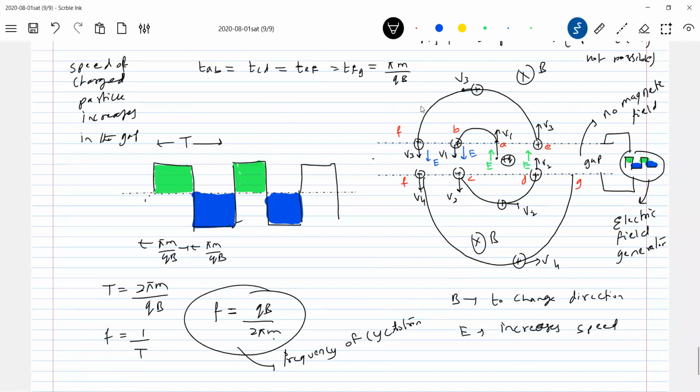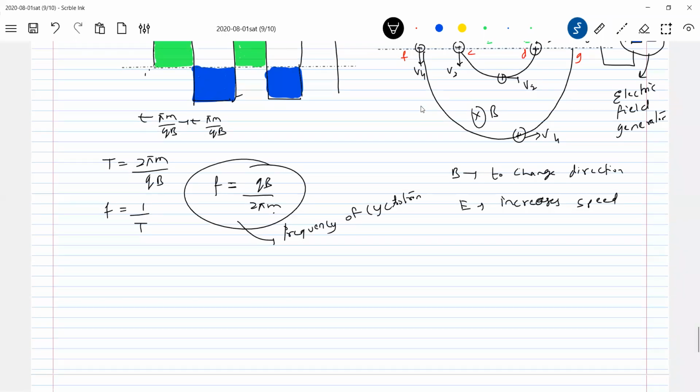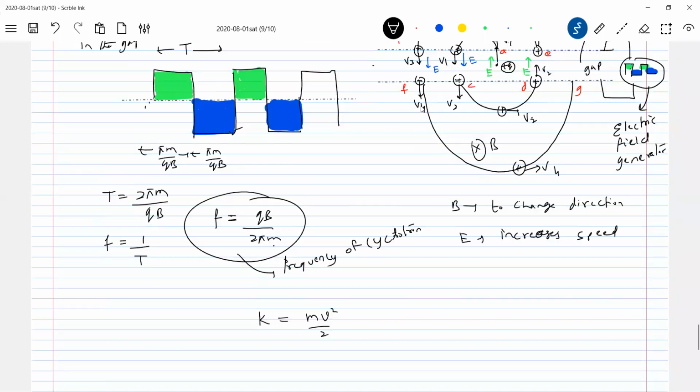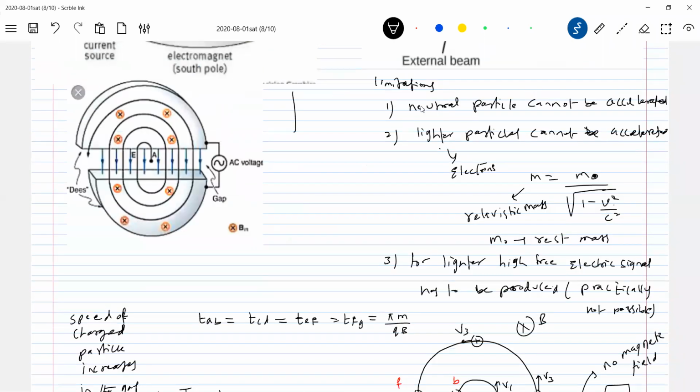Now what is the energy of the particle emerging out? What will be the expression for the kinetic energy of the particle? mv square by 2. So shall we bring the expression for that from here? It depends upon the radius of the Ds finally, because the radius will finally determine it when the particle is emerging out.